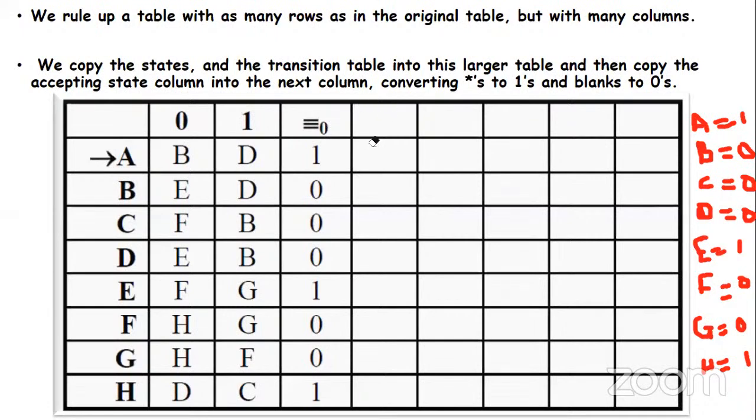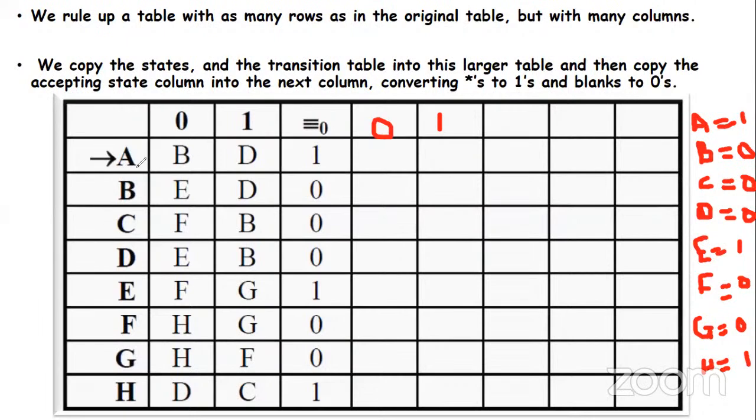You now want to generate the next set of inputs. This is the 0 equivalence. You want to generate the first equivalence. So what will you do? You have 0, 1 here, so you bring it here as 0, 1. It's just this combination of states.